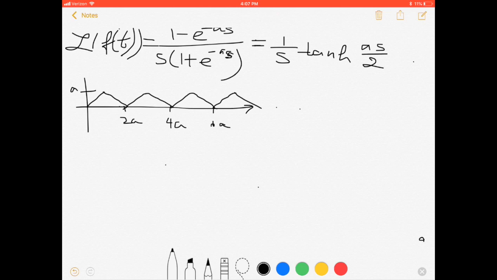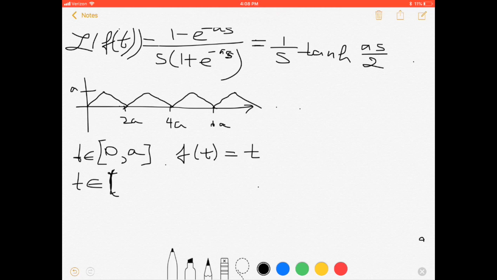Looking here, if t is from 0 to a, your function f(t) equals t, and if t is from a to 2a, your function f(t) is equal to 2a minus t.